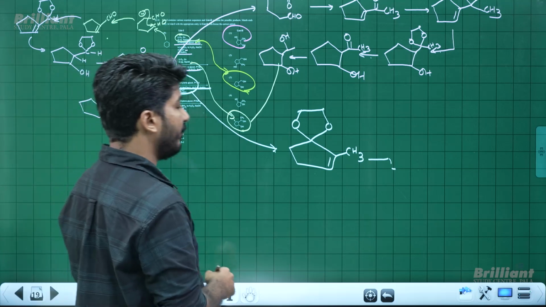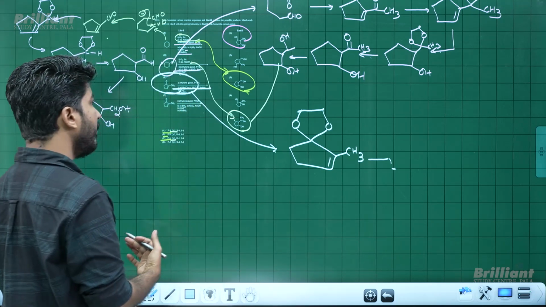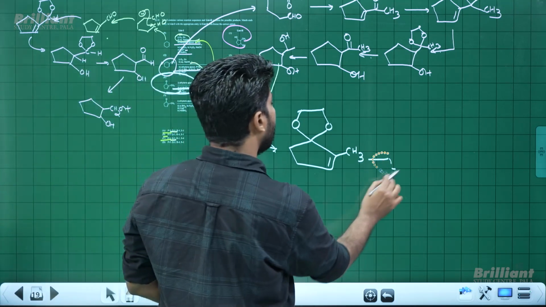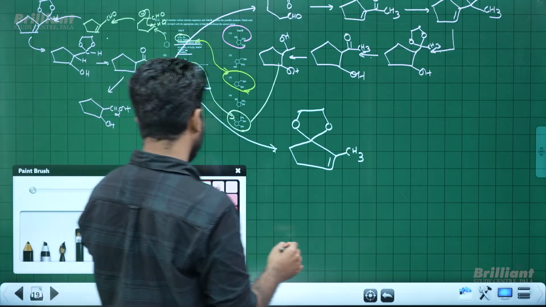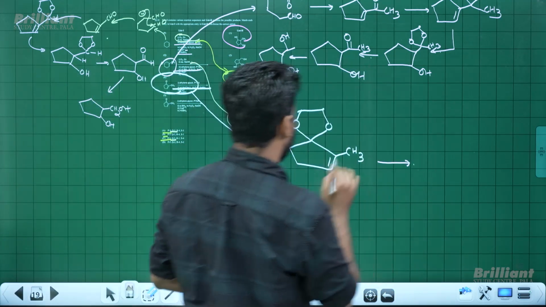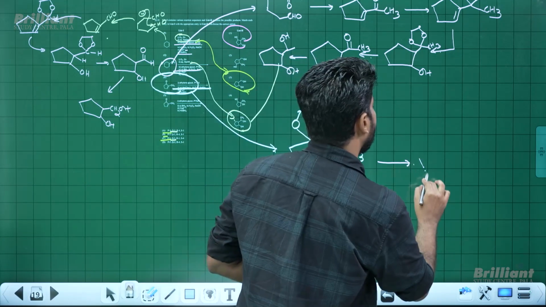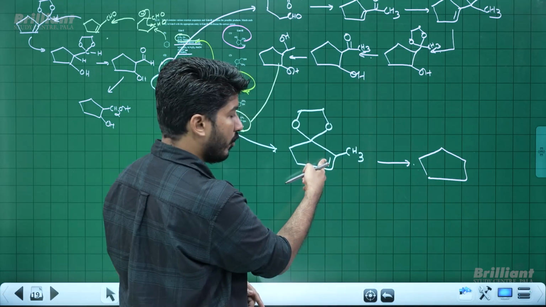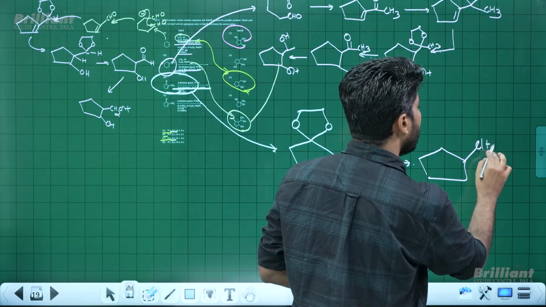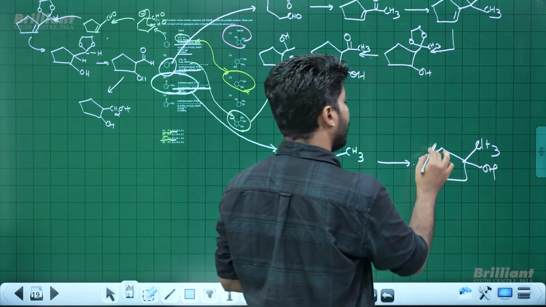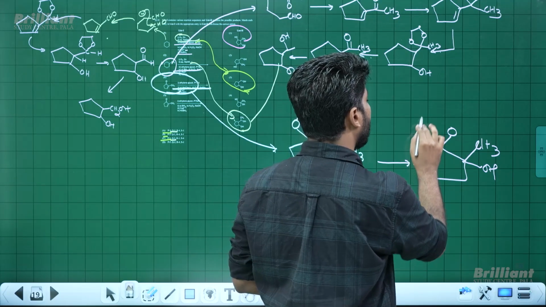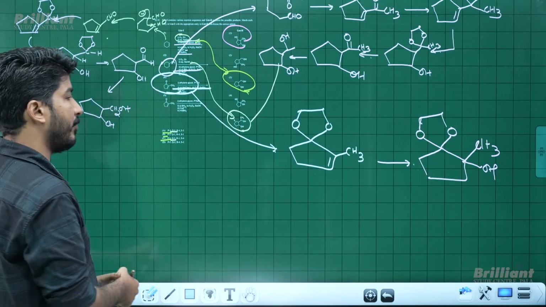Mercuric acetate followed by sodium borohydride is done. In that step we will be getting a Markovnikov addition of water on this alkene. So CH3 OH is formed, the Markovnikov alcohol is produced.